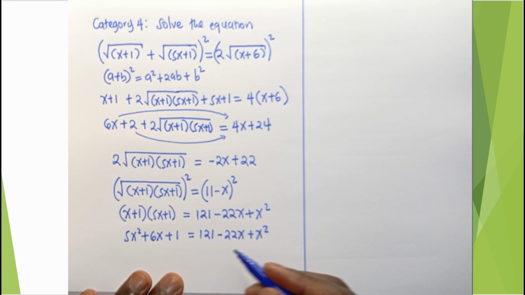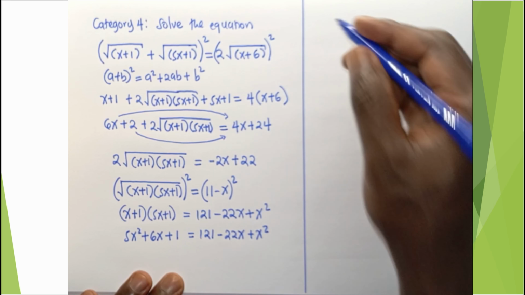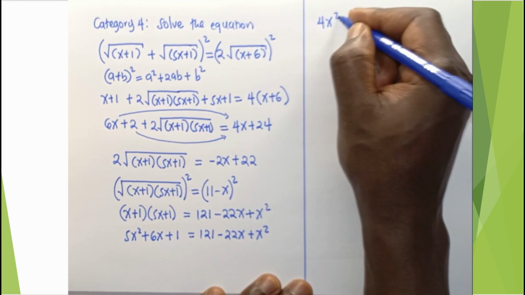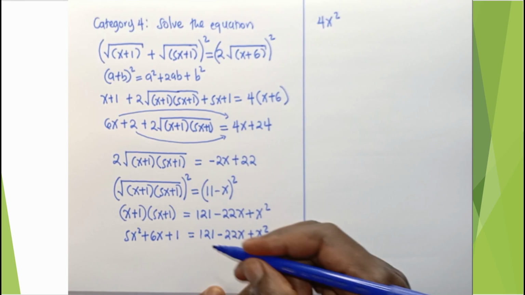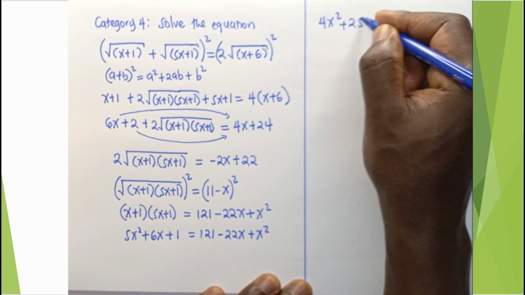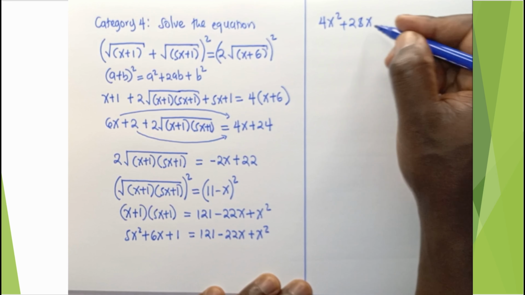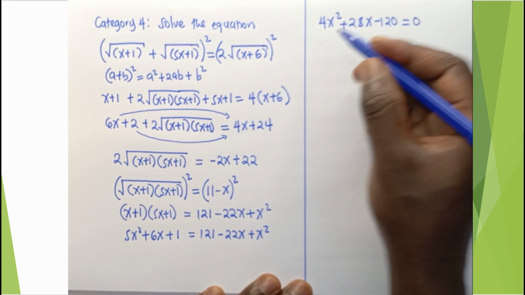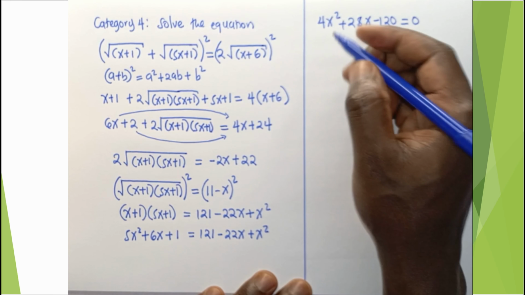So doing the simplification, collecting like terms together. When you reach here, it means you are defeating the number already. So you have 4x squared plus 28x, then minus 120 is equal to 0. So it has reduced to a quadratic equation that you can battle now.